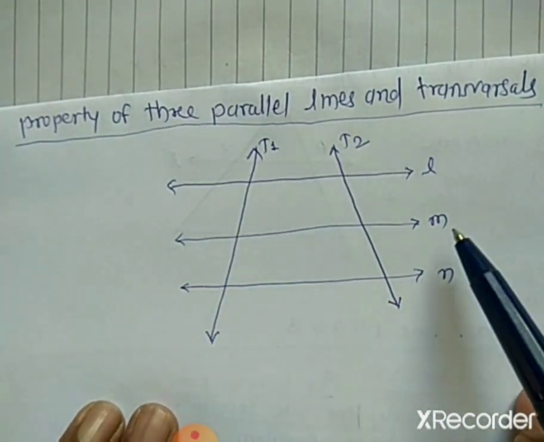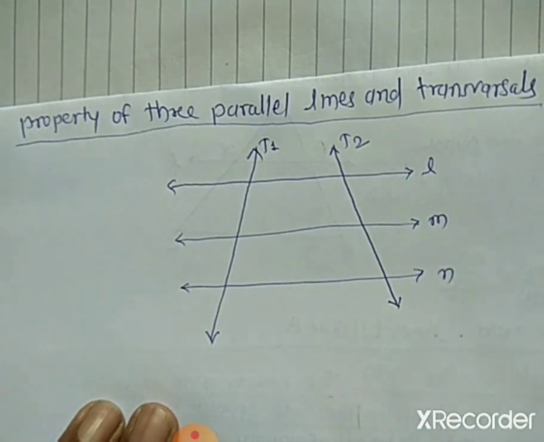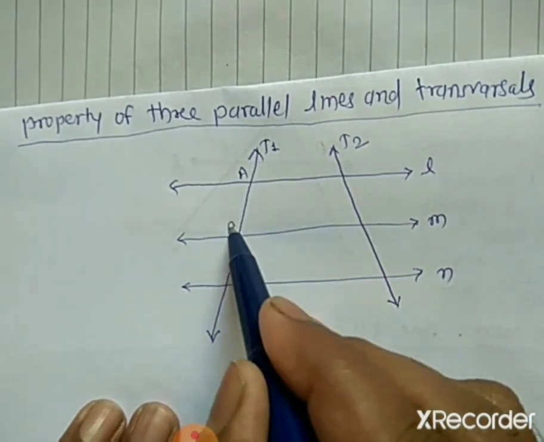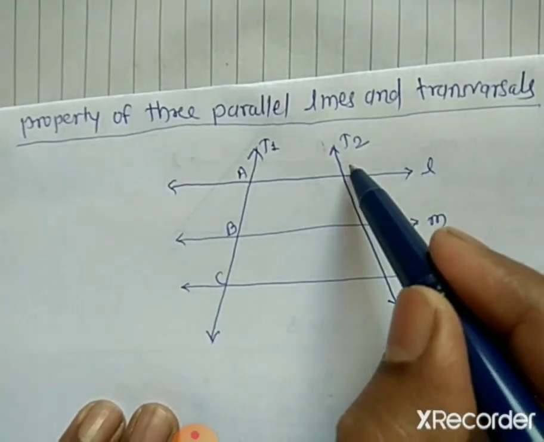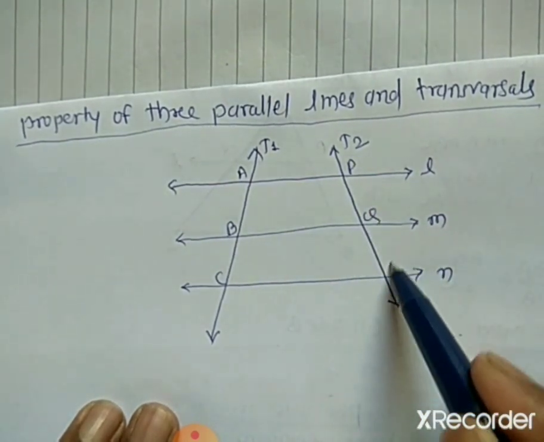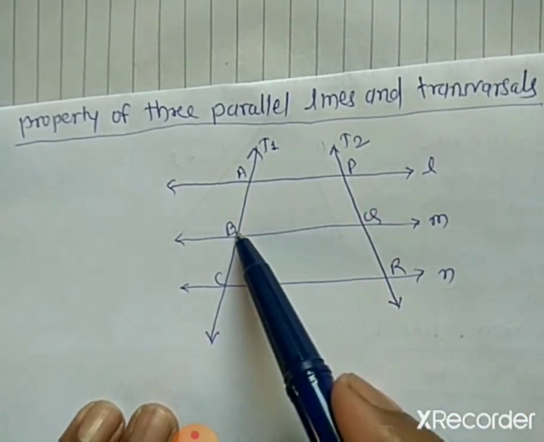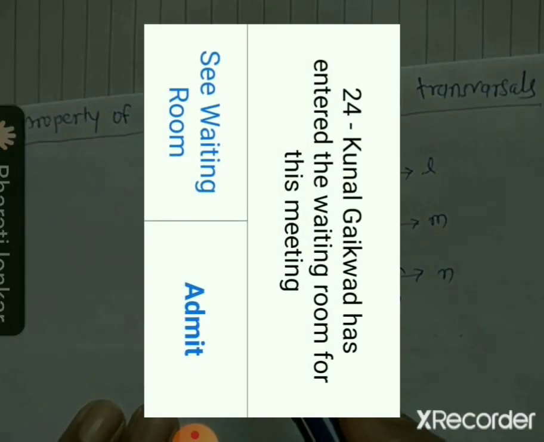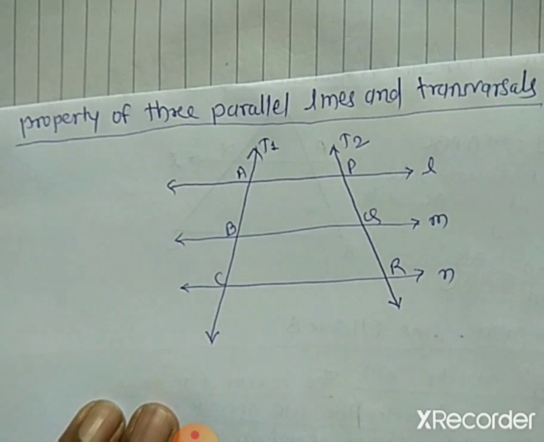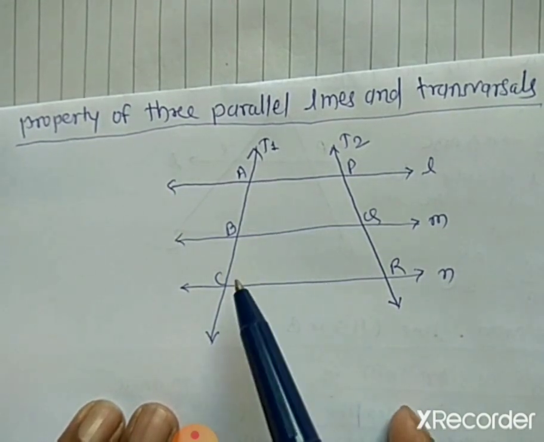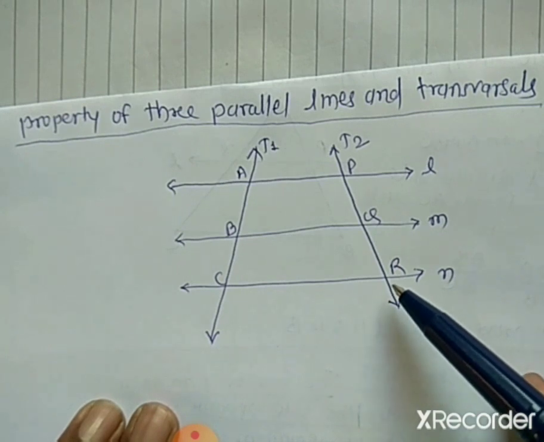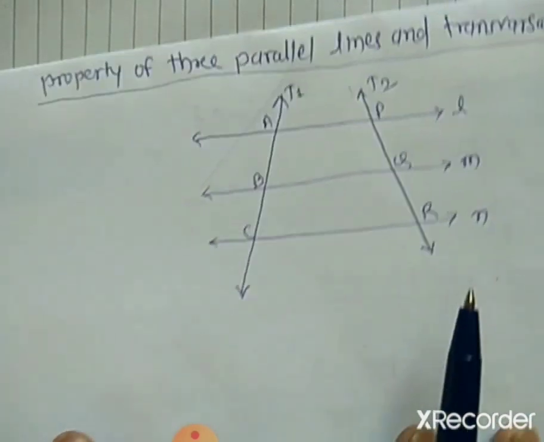Line L is parallel to line M is parallel to line N, and due to these transversals, these are points A, B, C, P, Q and R. AB and BC are the intercepts made by transversal T1, and PQ and QR are the intercepts made by transversal T2.